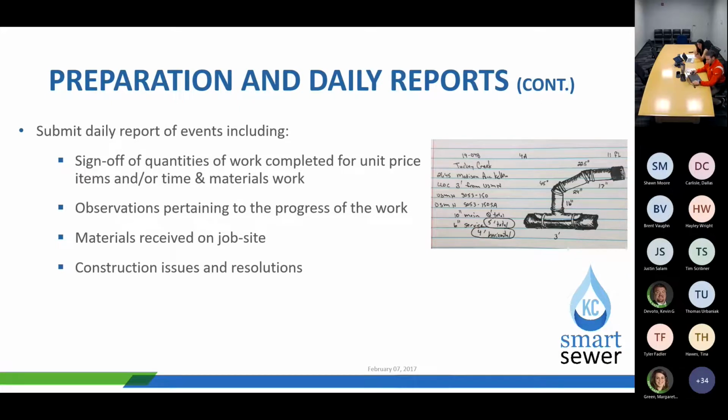It's a 45, it's a 22, with those record drawings. Fittings, valves, if they put in an ARV on a force main or an ARV on a water main, all of those are also captured on those red lines. And then it's also noted on the daily report.